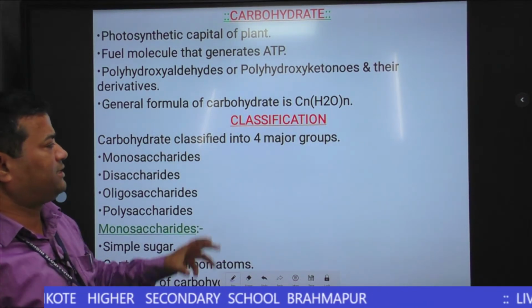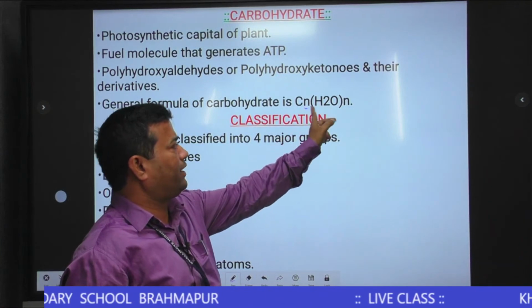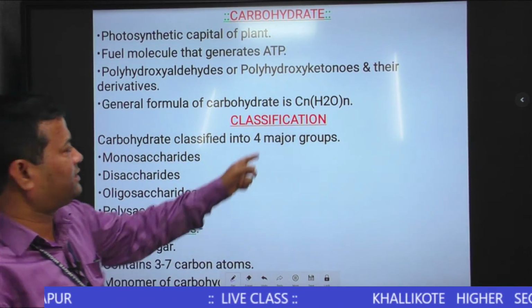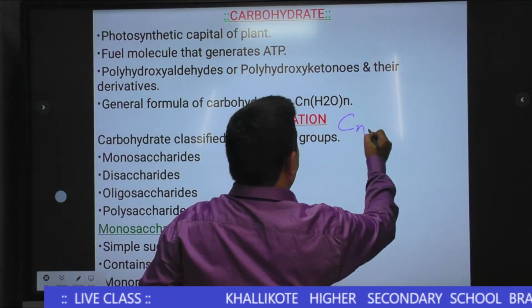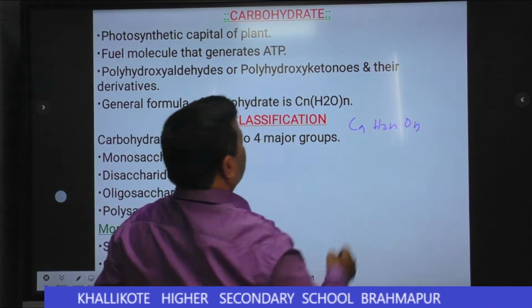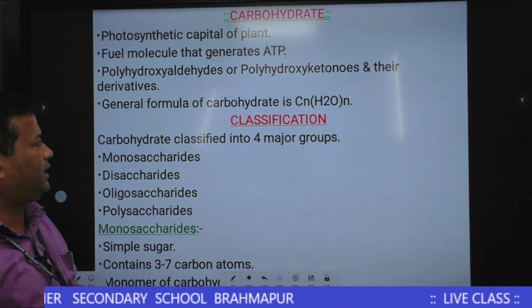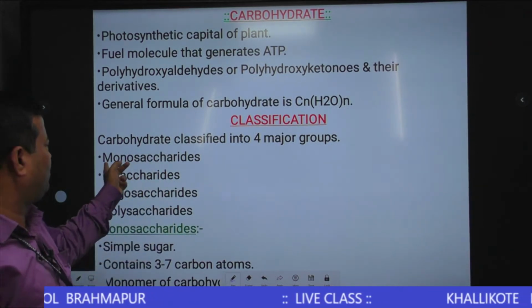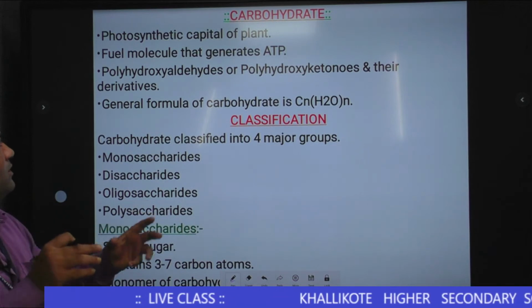So its general formula is Cn(H2O)n, which can also be written as CnH2nOn. We cannot say this is the general formula of carbohydrate, but this is the general formula of monosaccharide. Okay, this is the introduction of carbohydrate.